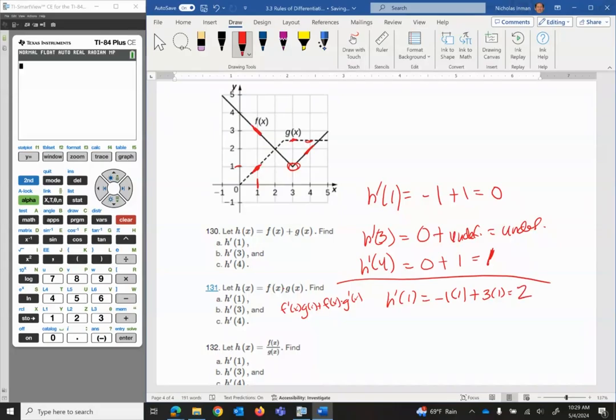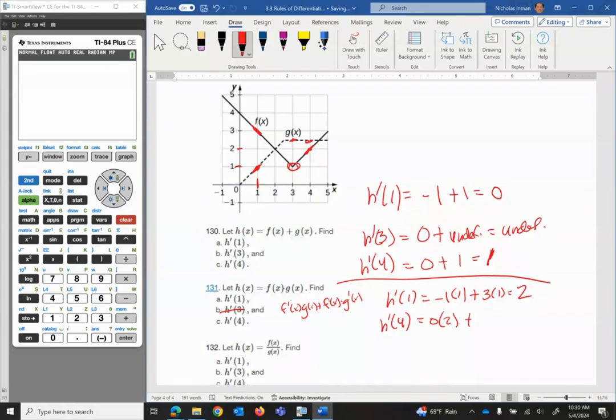All right. h prime at 3. Well, we already talked about how g prime at 3 was undefined, so we're going to skip that one. All right, h prime at 4. To do h prime, we do f prime at 4 was 0 times the value of g at 4, which was 2, plus the derivative of the first thing.